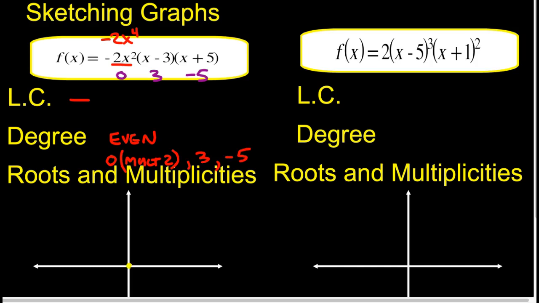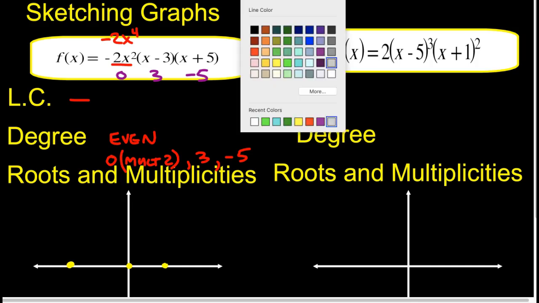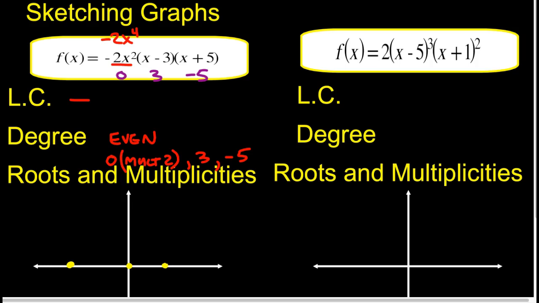So we have 0, 3, and negative 5. Degree is even, leading coefficient's negative, so this side's going to go down, the other side's also going to go down, and it's going to bounce back at 0 because it has an even multiplicity.